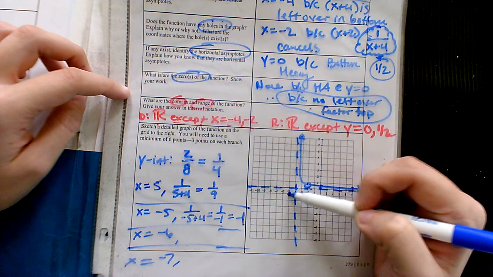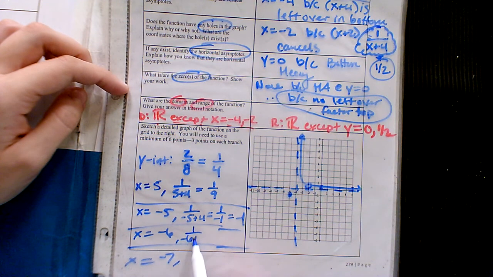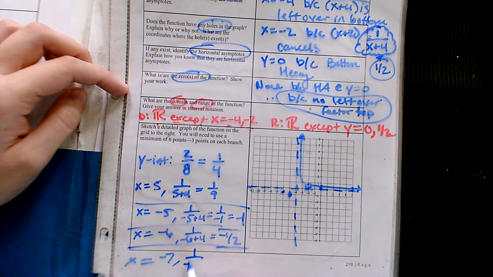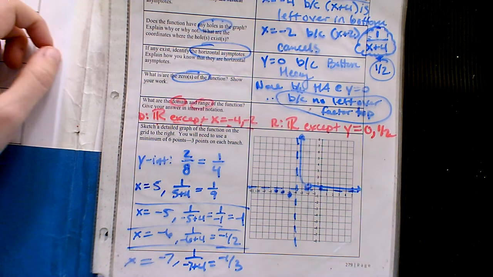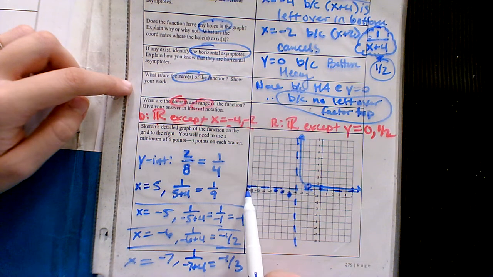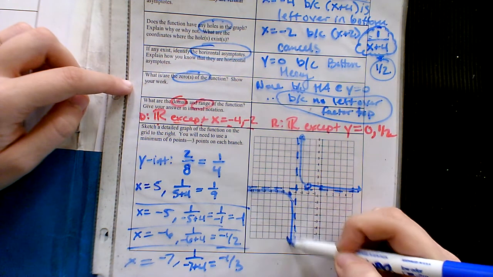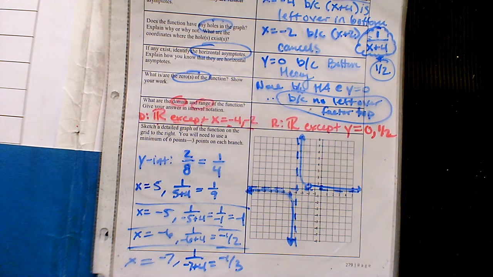All right, so -5, -1. 1 over -6 plus 4 would be -1/2. And then 1 over -7 plus 4, -1/3. All right, so hug the asymptotes and connect the dots. There's our graph.